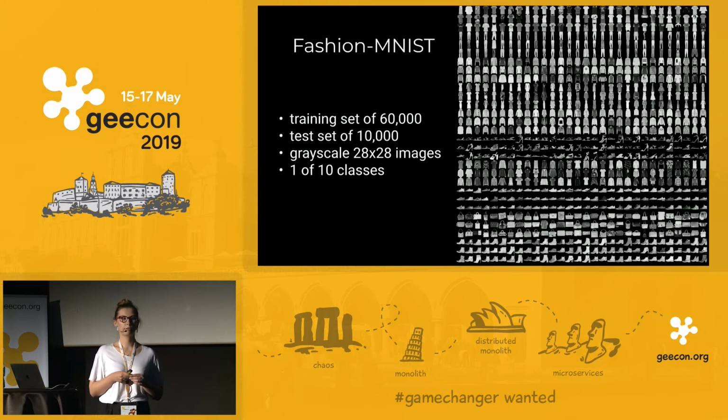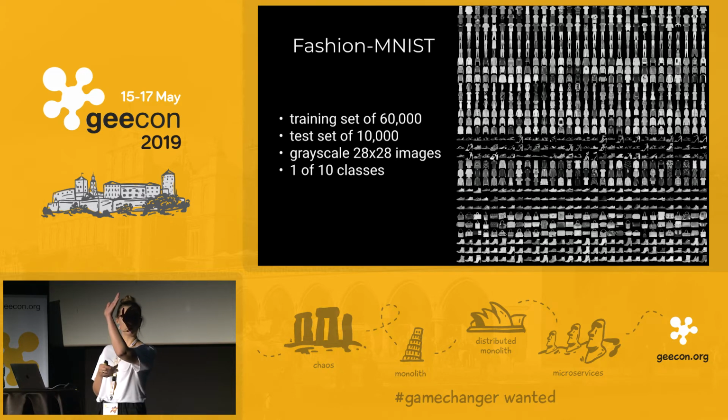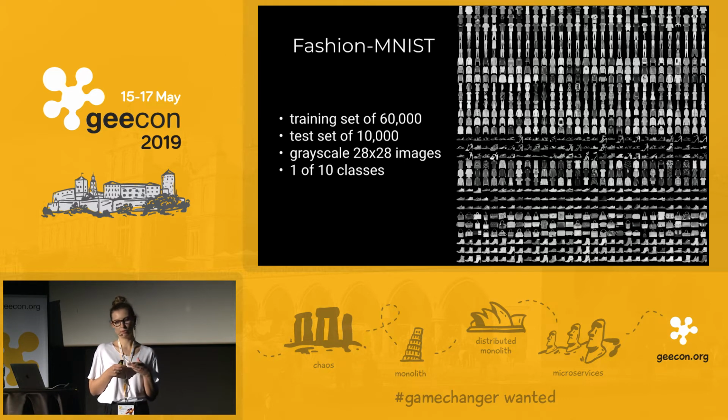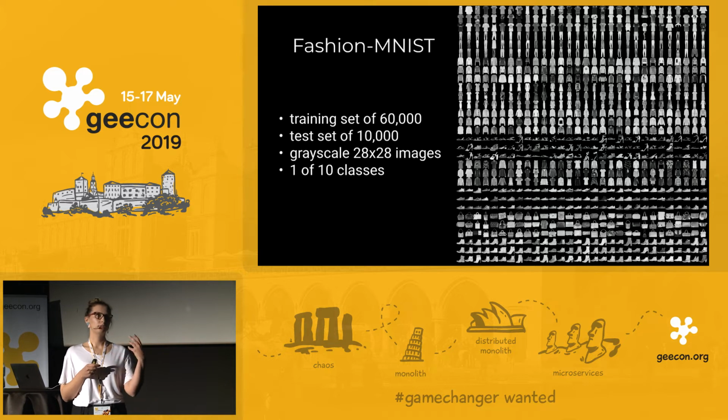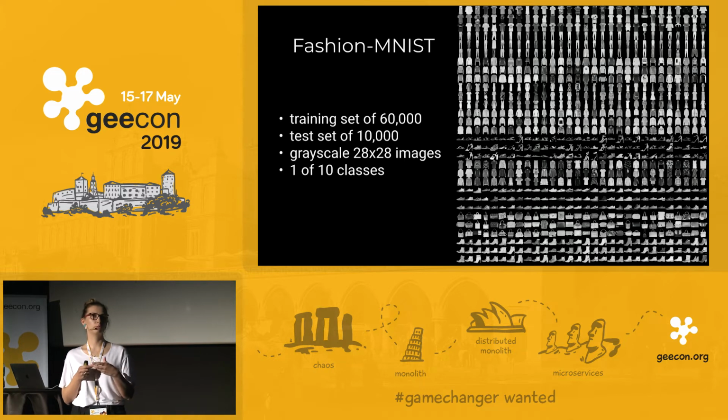I need to say something about Fashion-MNIST. How many of you ever heard about MNIST? Great. For those who haven't, it's a dataset of handwritten digits. And the problem with MNIST is that you can test your model over that dataset. If it works, it won't probably work in real life. If it doesn't work, it won't work at all.